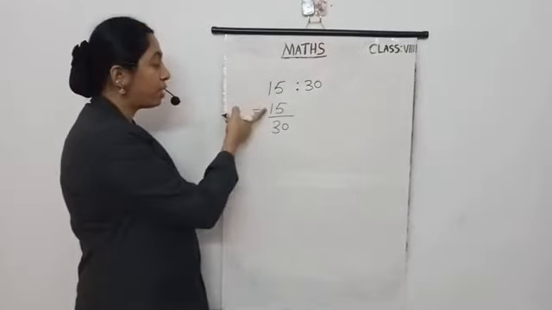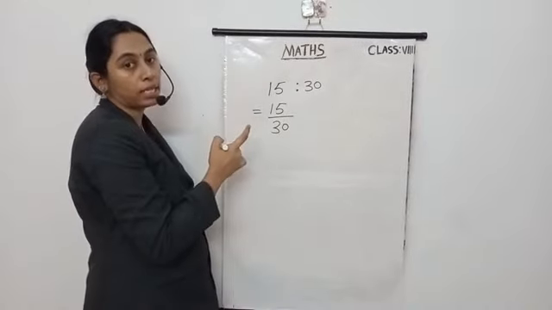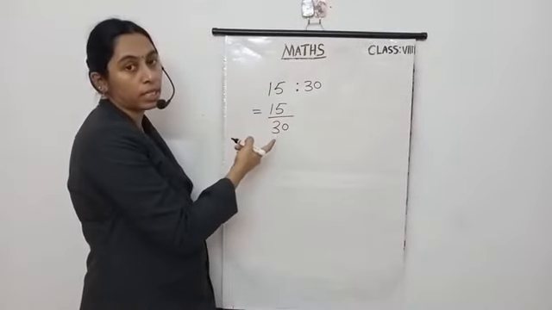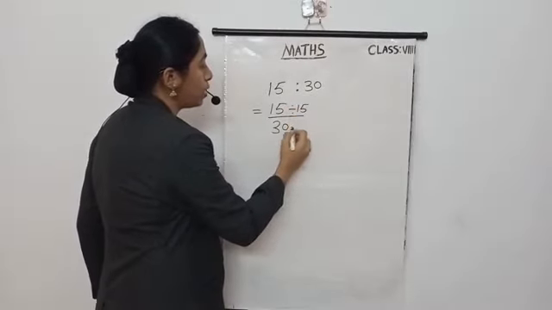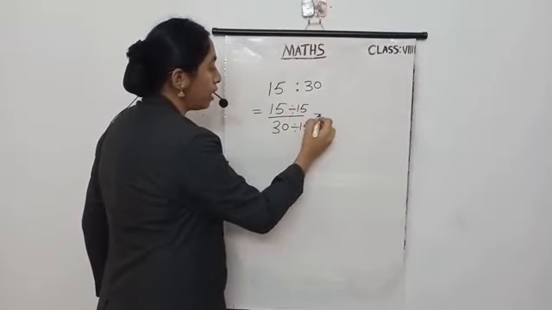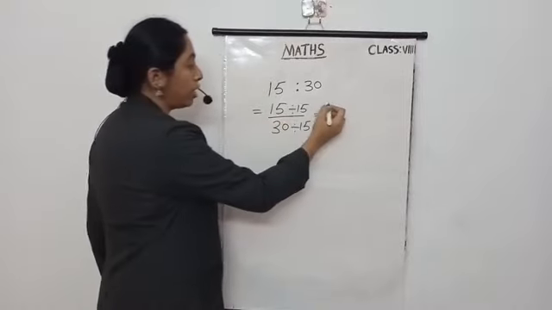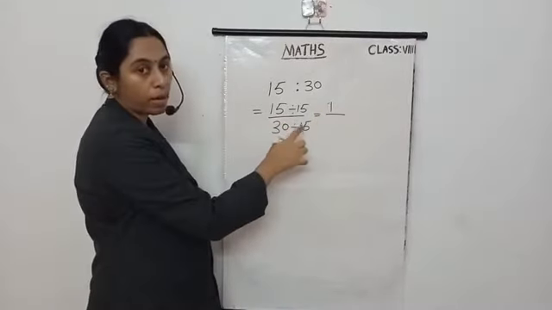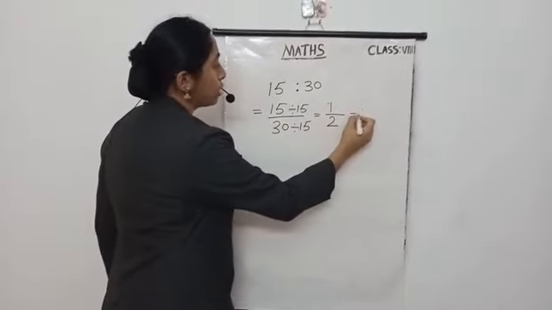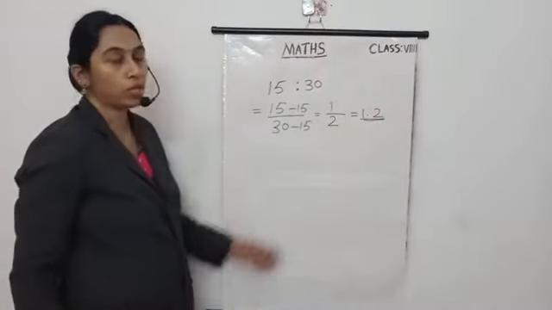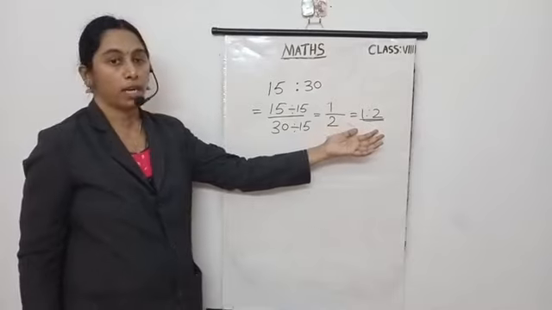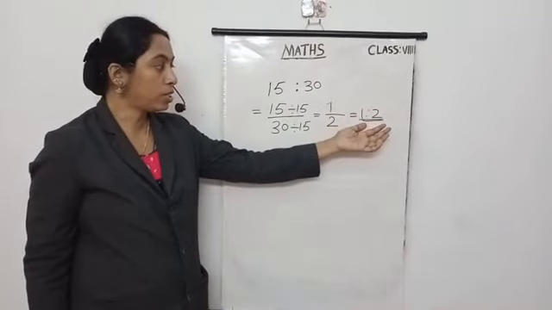Then 15 into 2 we get 30, or double of 15 is 30. So we can divide both the numerator and the denominator by 15. Then 15 by 15, 1. 30 by 15, 2. So this is 1 is to 2. So the ratio 15 is to 30, simplified, we get 1 is to 2.